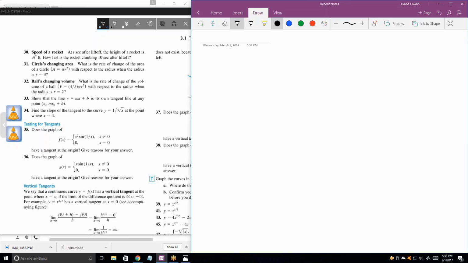Let's see if we can do 32 real quick. Here we have volume equals 4/3 pi r cubed. That's just the volume of any sphere. And they want to know what the rate of change of the volume is with respect to radius. In other words, what does that mean in terms of differentials?